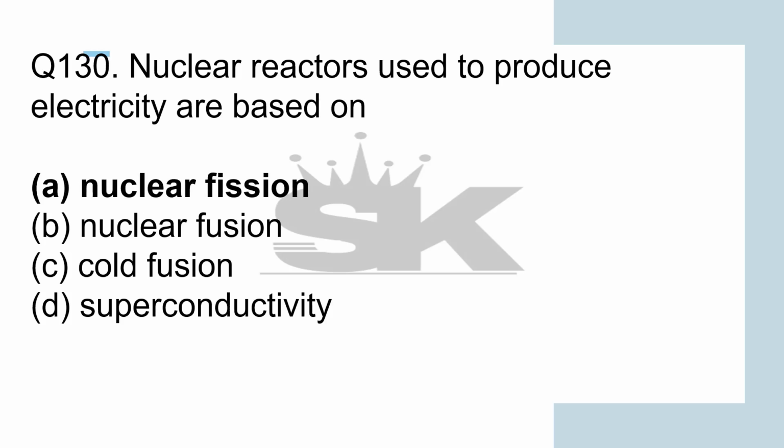Okay. Nuclear reactors are used at nuclear power plants for electricity generation and in nuclear marine propulsion. Okay. Heat from nuclear fission is passed to a working fluid, which in turn runs through the steam turbine. Okay.